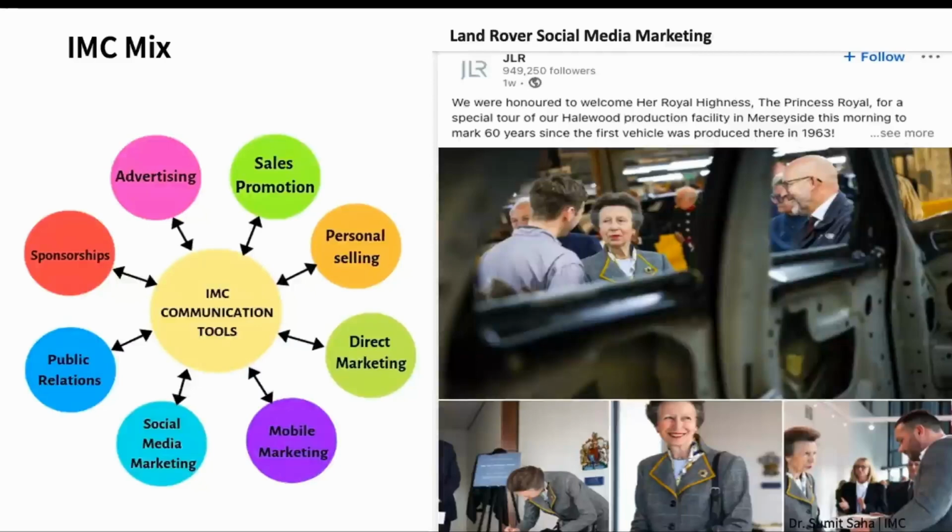Then you can see how many big shots, big people, the princes of the royal family, okay, they are associated with Rolls Royce. And this kind of advertisement, this kind of pictures, they are circulating in the social media to give you the confidence that if you are buying Land Rover, it is trusted by royal families. So don't worry, we are there for you, right?